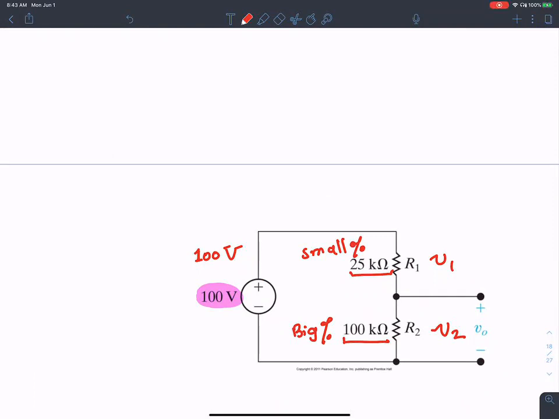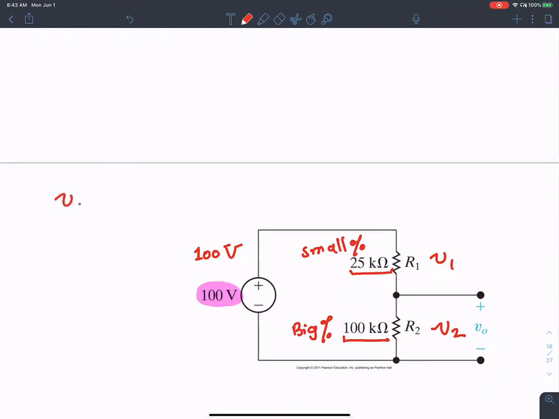Now if you want to find out V1, if you remember, it is the value Vs times R1 over R1 plus R2. In this case, Vs is 100 volts, R1 is 25 kilo ohms.